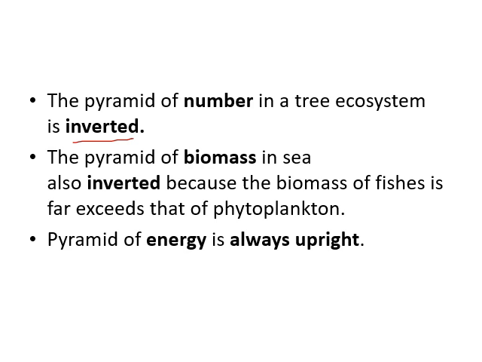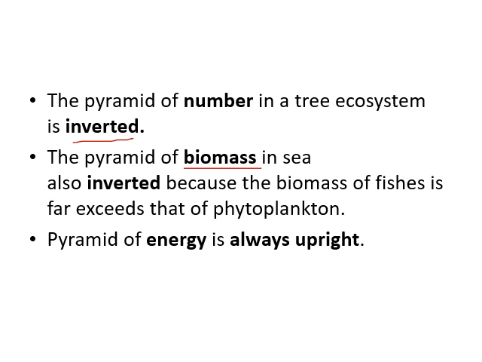So we need to remember examples of inverted pyramids: pyramid of number in a tree ecosystem, and pyramid of biomass in sea or in any aquatic ecosystem, that is inverted. So there are two examples of inverted pyramids. One is pyramid of number in a tree ecosystem and the other is pyramid of biomass in an aquatic ecosystem.